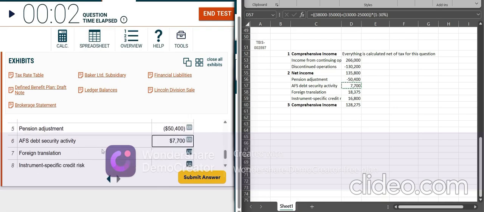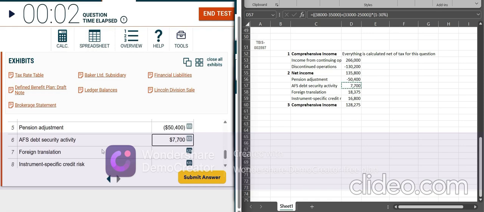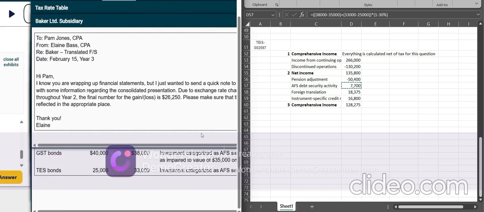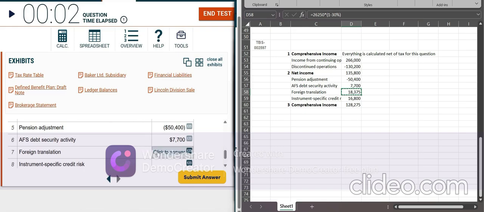Now let's calculate foreign translation gain. Again, for this we have to open the Baker Limited subsidiary exhibit, and we can see that here we have a gain of $26,250, and we need to record it net of taxes to get the foreign translation gain, and put it here.